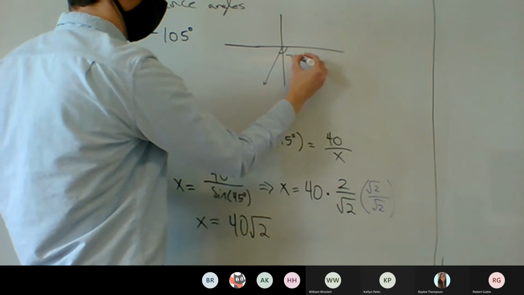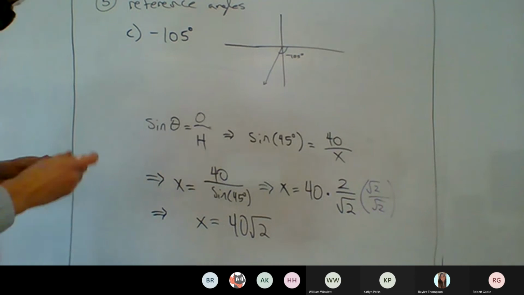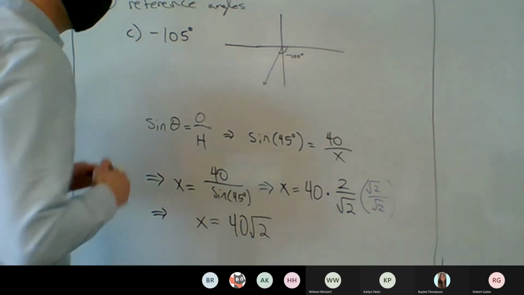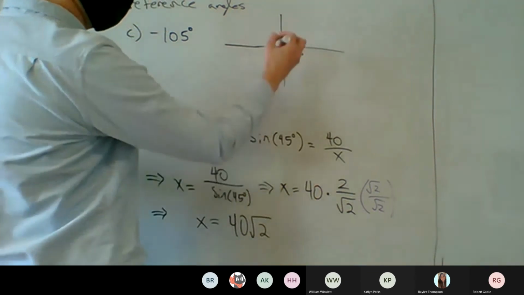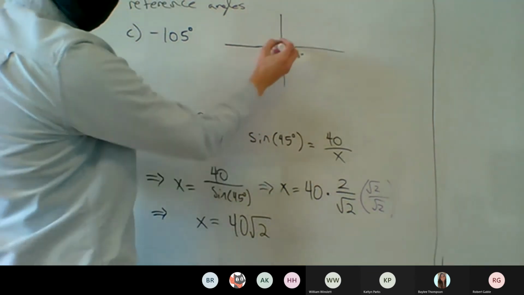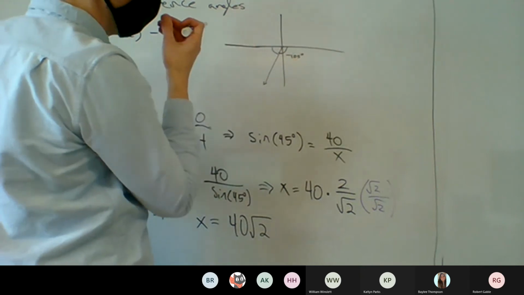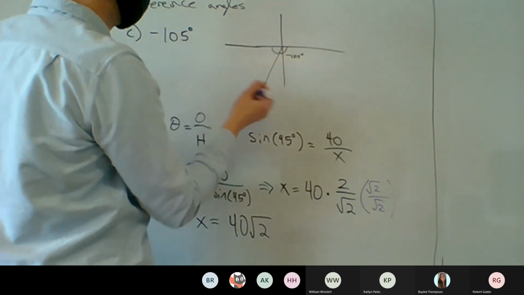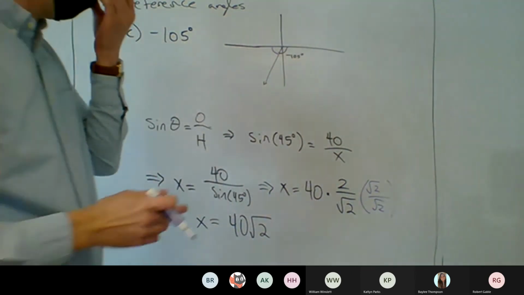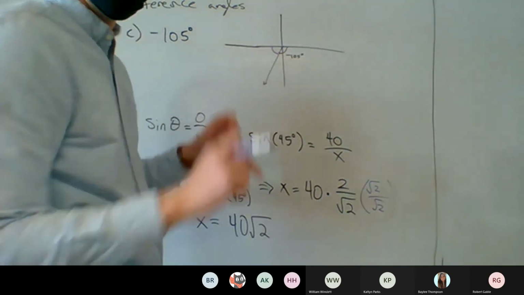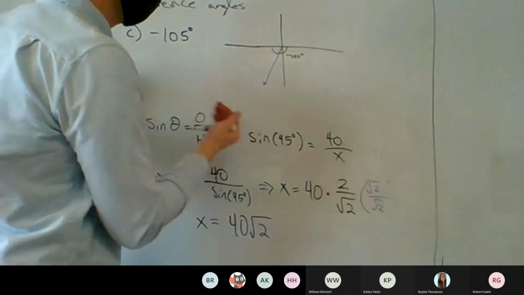That's that angle. My reference angle, which I'll try to draw in purple, would be right here. I need to go from the terminal side of this angle to the x-axis. At this point you have to look at the geometry and decide what angle has to be added to complete a full revolution.